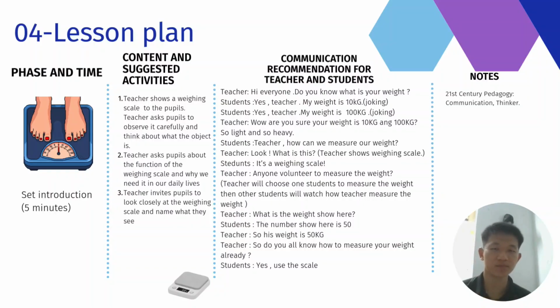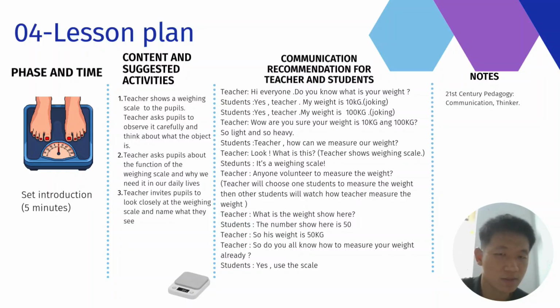Students may ask, teacher, how can we measure our weight? Oh, now the teacher will show the weighing scale. Look, what is it? Student: it is a weighing scale. Teacher: anyone volunteer to measure the weight?